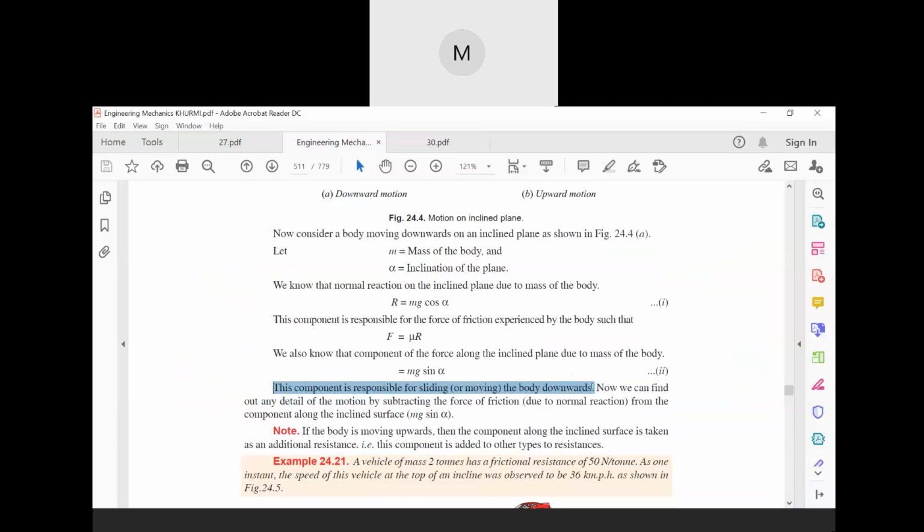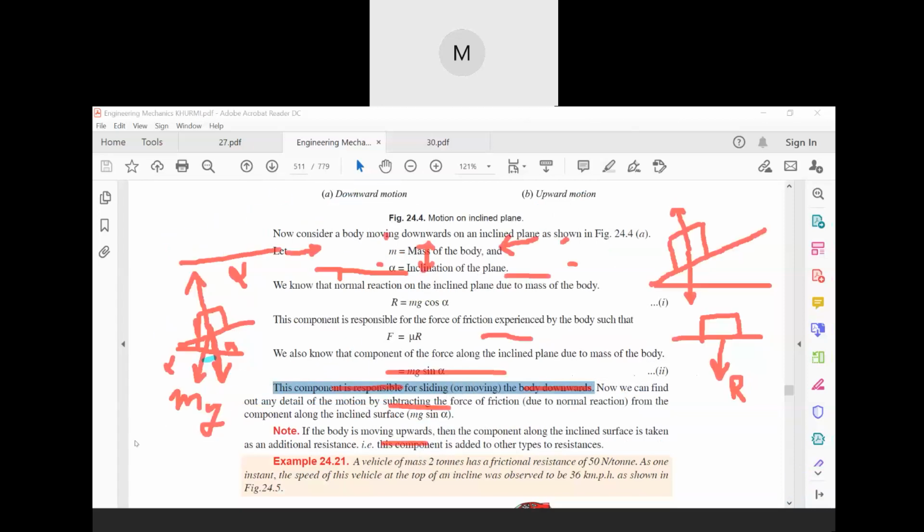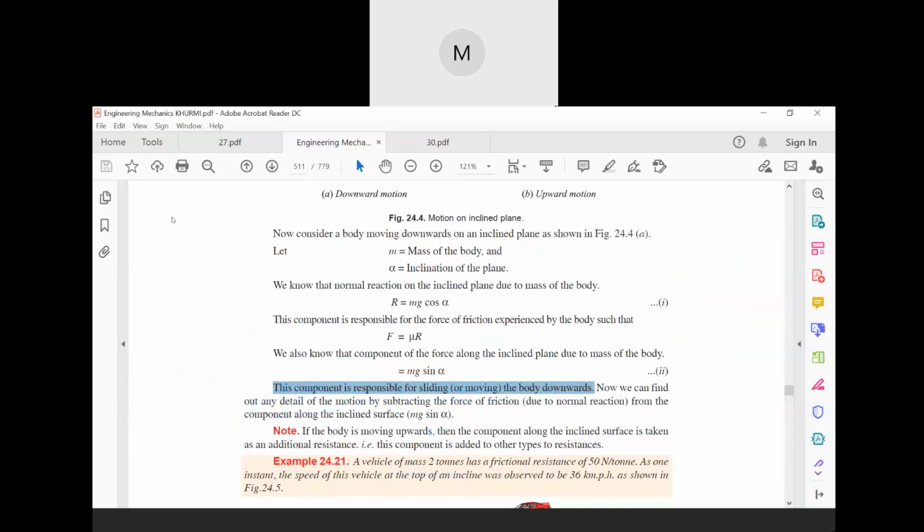That means we can write F equal to mu R, or equal to mg sin alpha.